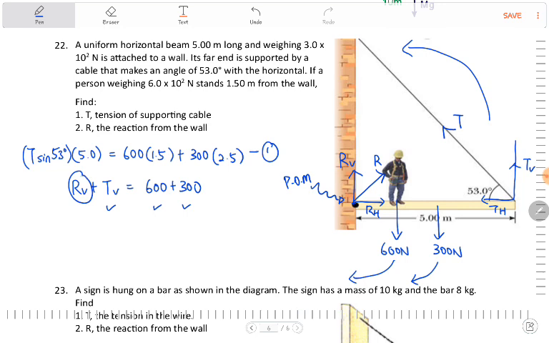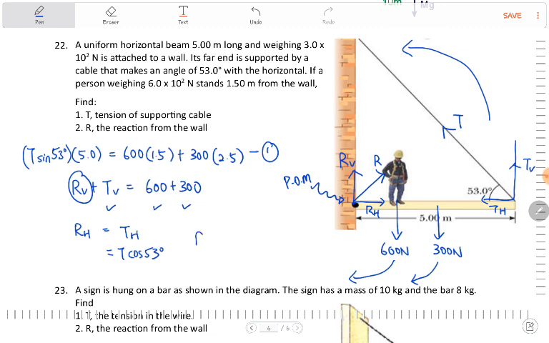So RV can be obtained, and to get RH we need to use the balance of the forces in the horizontal direction, whereby the force pointing to the right hand side equals the force pointing to the left hand side, which is provided by the tension. Once you have resolved the tension into the horizontal component, which is T cos 53, then you should get RH.